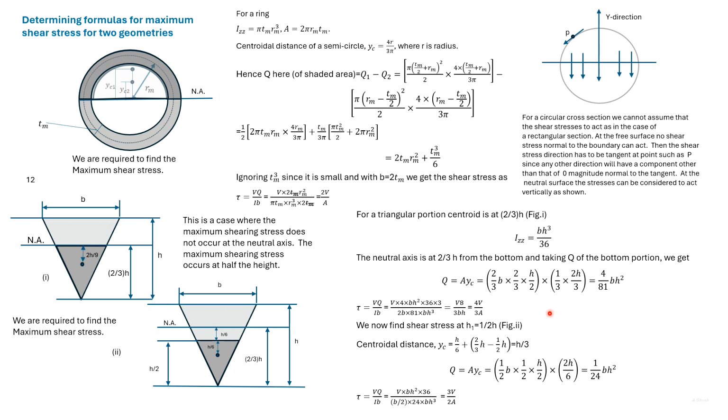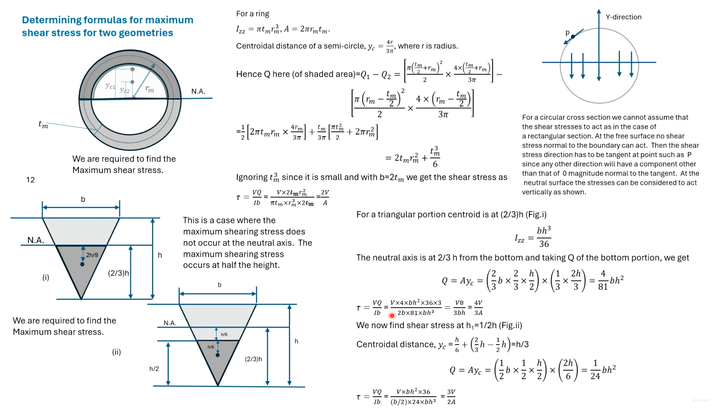So we get the centroidal distance as h by 3. Area here is P by 2 into h by 2 into half. So we get Q as 1 by 24 bh square.